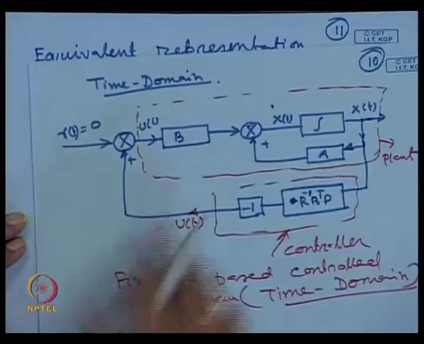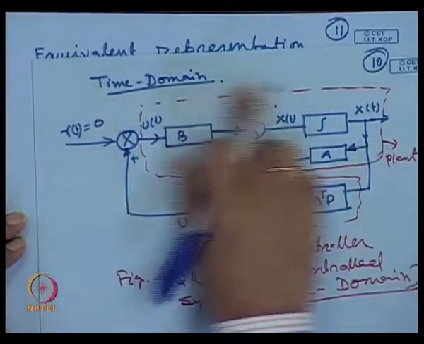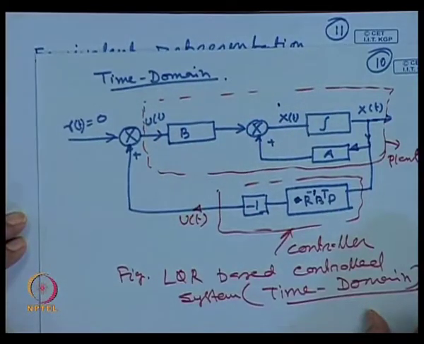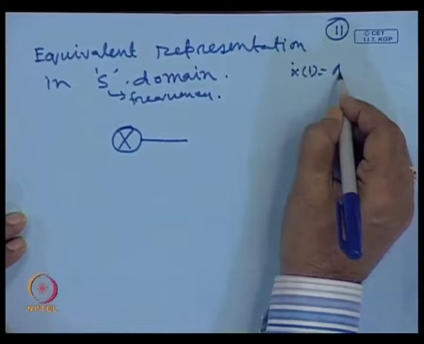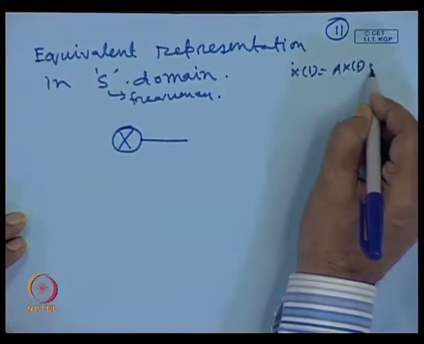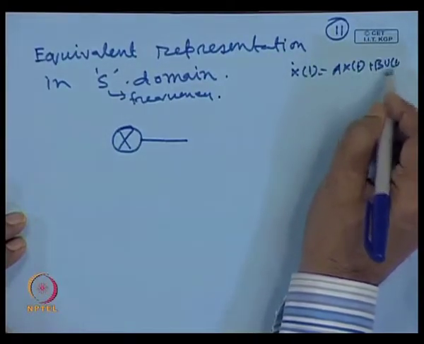Look at this expression: this block is a representation of x dot equal to A x plus B u, that is, x dot equal to A x plus B u in the time domain.